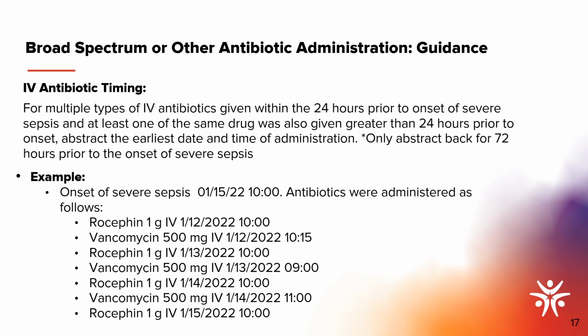So now we'd be looking for what drugs were given within that 24-hour time period. Well, the Rocephin was given at 10 o'clock on 1/15. Vancomycin was given on 1/14 at 11 o'clock. So those two drugs are the drugs that we're going to be looking for within the 72-hour time period from the onset of severe sepsis.